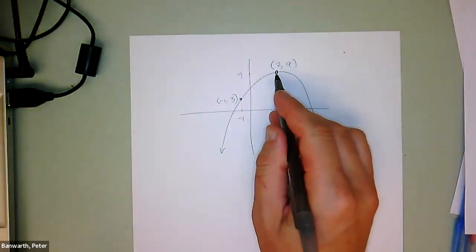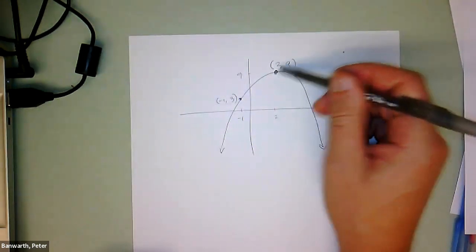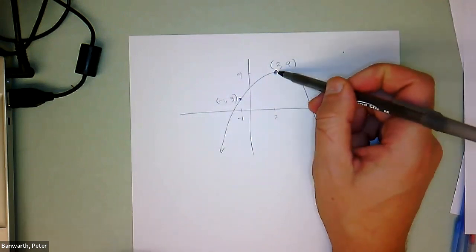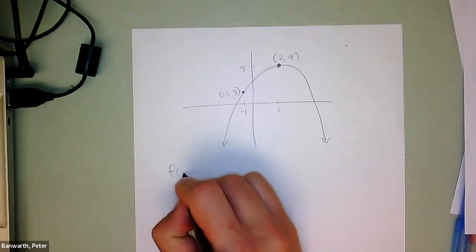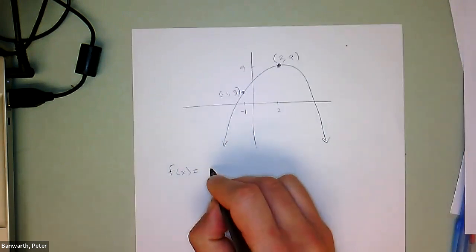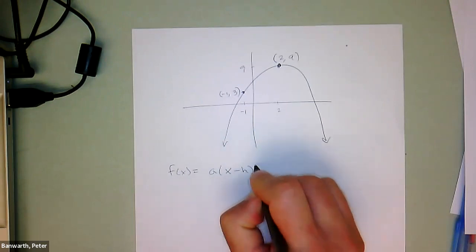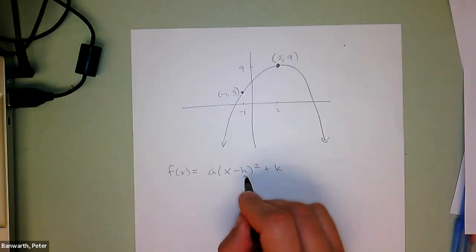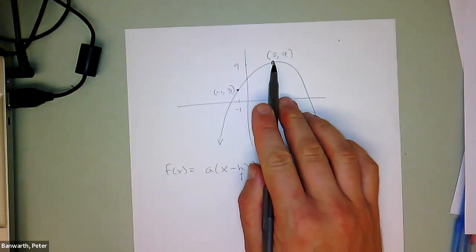Vertex form. And part of what you have to do is you have to recognize if I'm given the vertex, I want to write this as vertex form. If I'm given a maximum of my quadratic, I want to write it in max-min form. So I'll remind myself what that looks like. It looks like some leading coefficient times x minus h squared plus k, where h is the x coordinate and k is the y coordinate of the vertex.